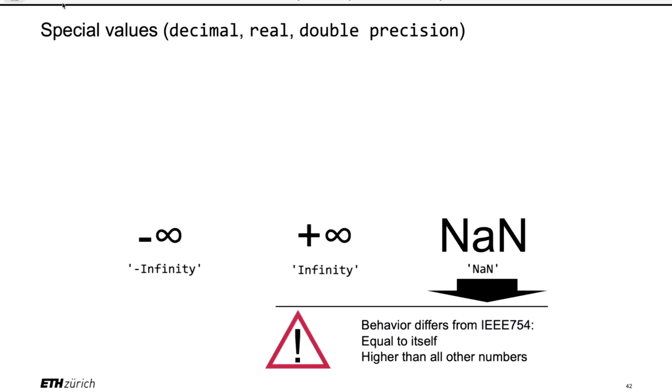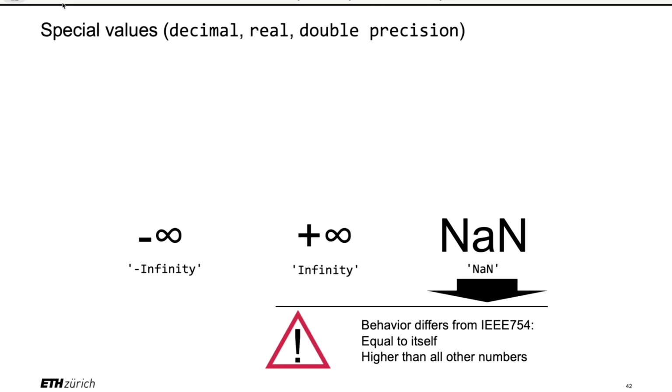And finally, in the case of real, double precision and decimal without limits, without parameters, you have three special values, which is very cool. You have minus infinity, you have plus infinity, and you have NaN. Do you know what NaN means? Anybody?